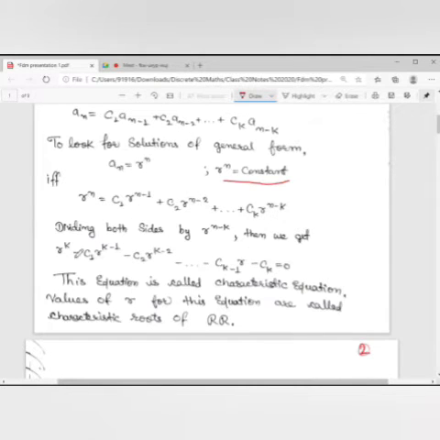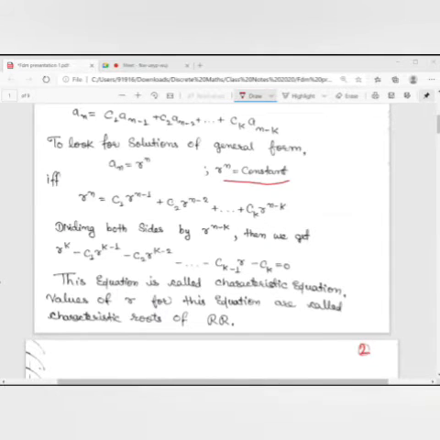Then we will get r^k - c1 r^(k-1) - c2 r^(k-2) - ... - c(k-1) r - ck = 0. This equation is known as the characteristic equation, and the values of r in this equation are known as the characteristic roots of the recurrence relation.